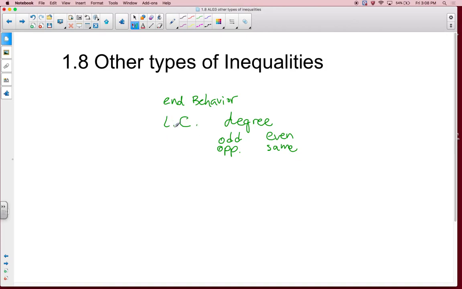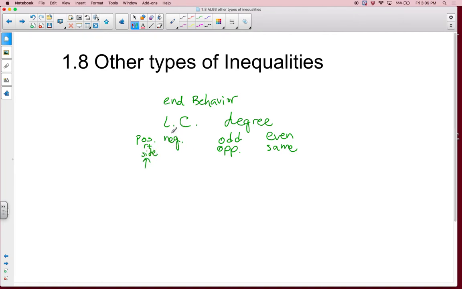Then if we first look at the leading coefficient, we're going to say if it's positive or if it is negative. This is going to tell us the right side of the end behavior. If the leading coefficient is positive, then the right side will be going up.